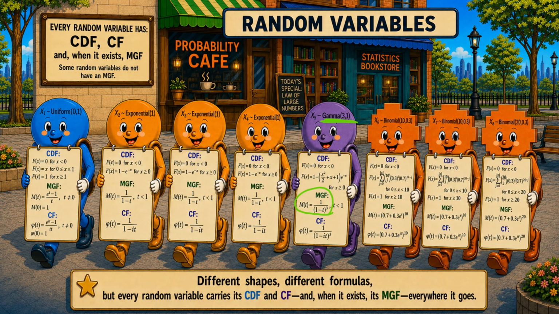Can we then conclude that the sum of three independent exponential 1 random variables is a random variable that has the gamma 3,1 distribution? You see that we're trying to use here this ID property of an MGF.